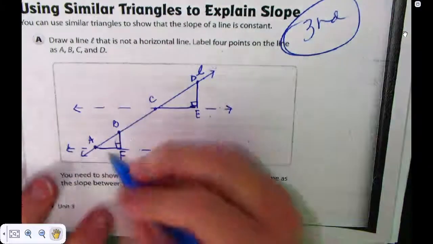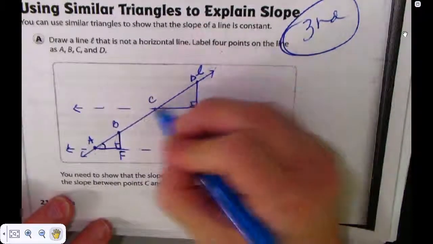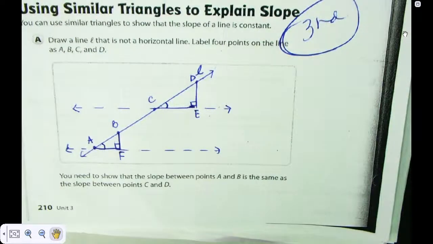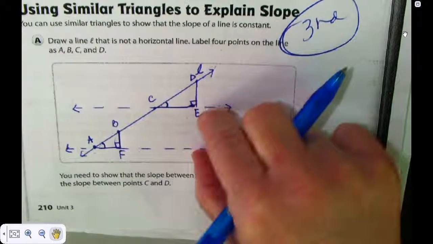Now let's talk about A and this one right here. BAF and DCE. That angle and that angle. I'm going to tell you they're congruent. You tell me why. What's the reason they're congruent? Well, these lines are parallel.